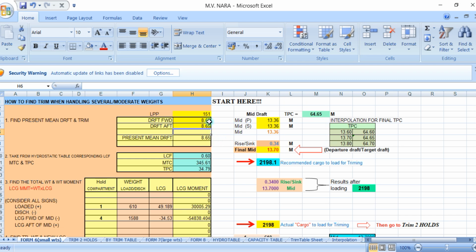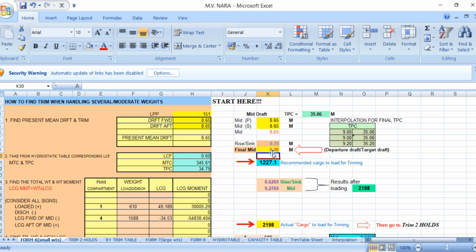So this is the initial draft, and let's say port mid is 8.65 and starboard is 8.65, so even keel. Now his departure draft is 9 meters.